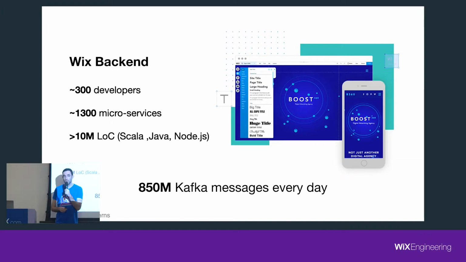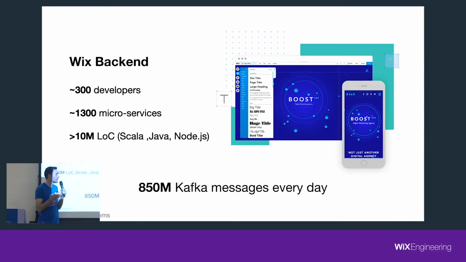And we produce around 850 million Kafka messages every day. So it's not as big as the Wix scale that Avi showed before, but it has grown tenfold over 2.5 years. Why 2.5 years? Well, that's when we started measuring this metric. And that's what we have today.